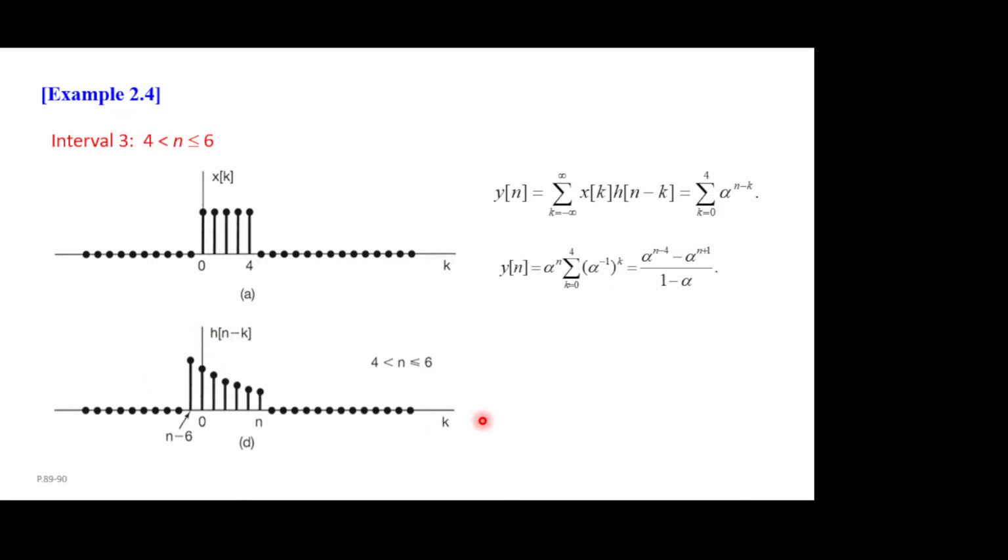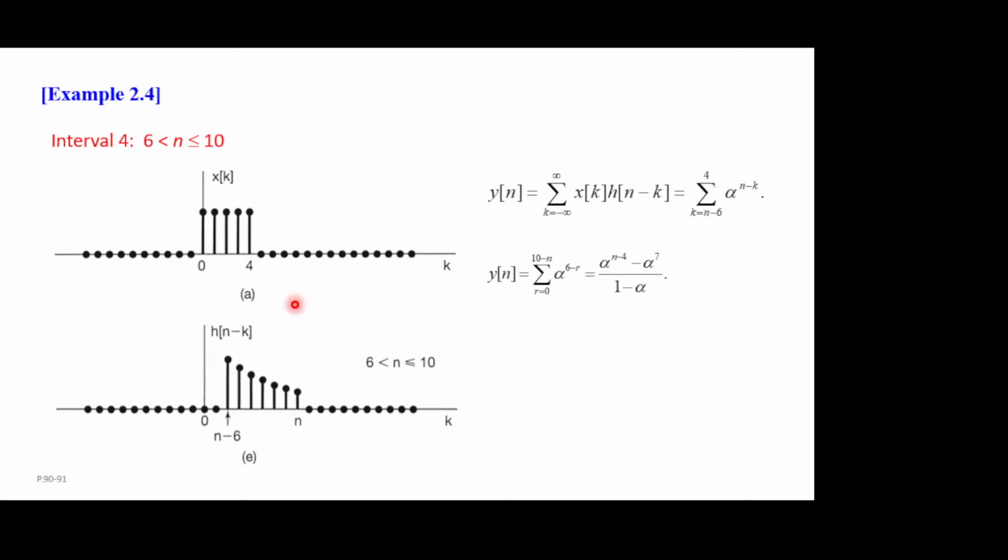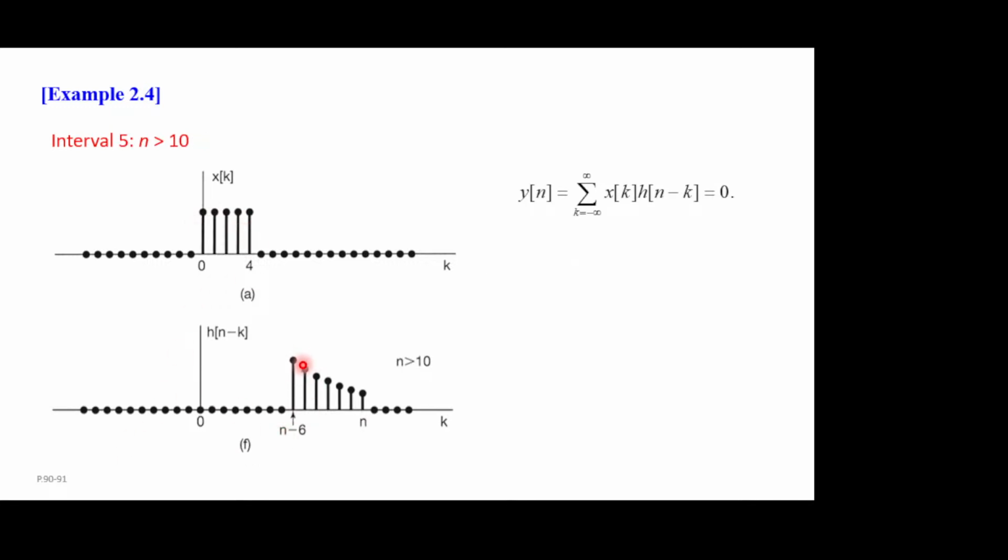And we keep pushing this to the right. In the other interval, we have this overlap. We are over time, so we just see it very quickly for now. Another interval is where this boundary is between 0 and 4, and finally when this has no overlap with each other, then y1 is 0.